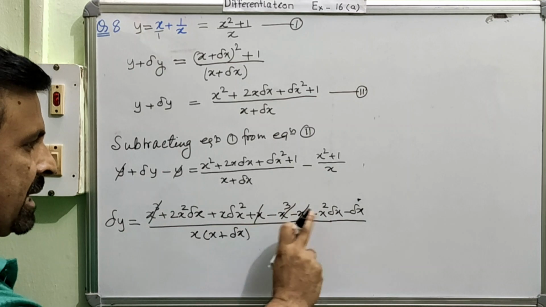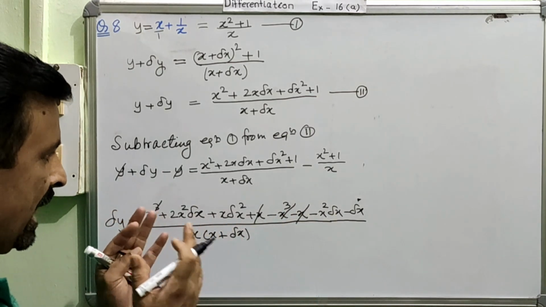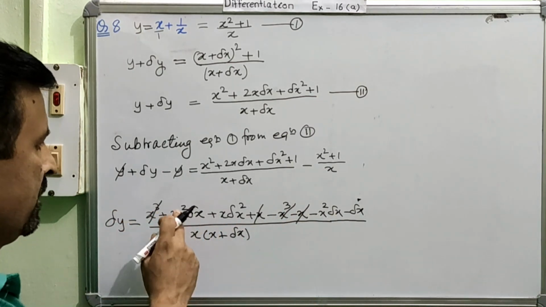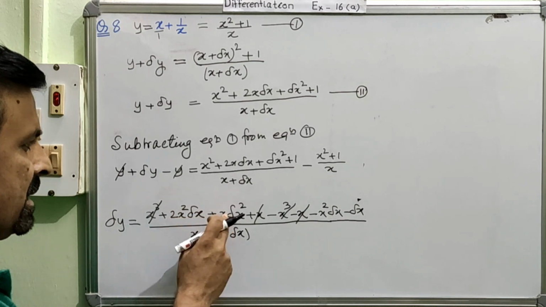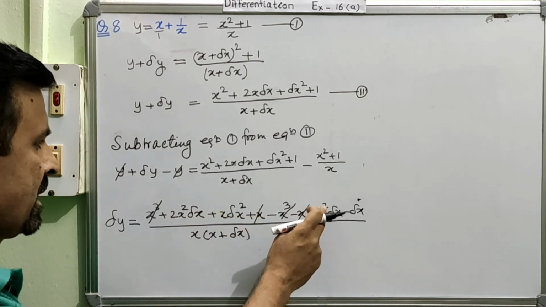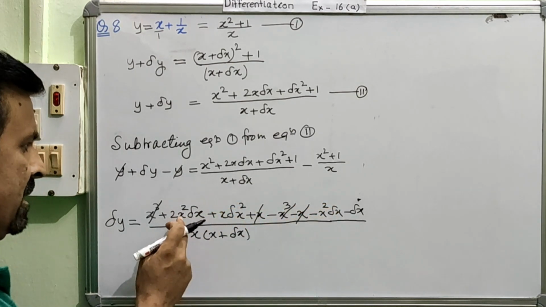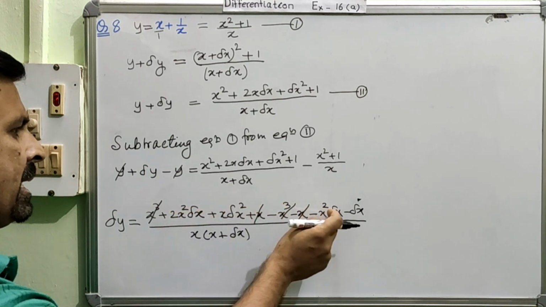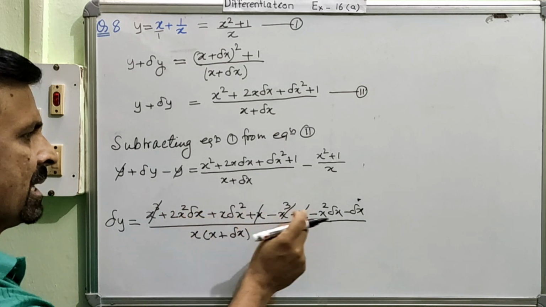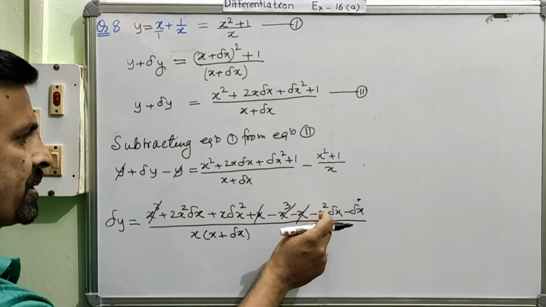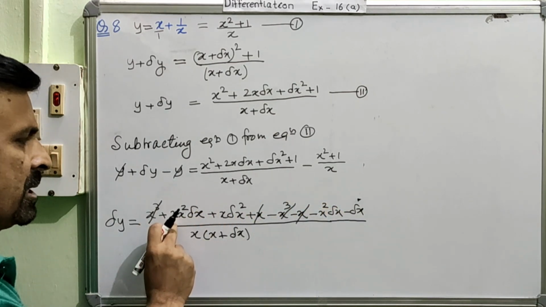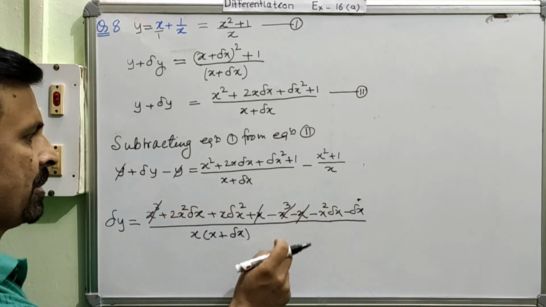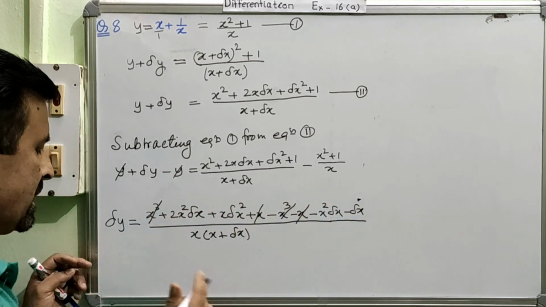Now there is nothing else cancelable, but if we have any like terms, those can be combined. This is 2x square delta x, this is x delta x square, different; this is x square delta x. Yes, this term and then this term are like terms, because this is x square delta x and this also is x square delta x. The coefficient of this one is -1, the coefficient of this one is +1. So only these two can be simplified, the other two will remain as they are.